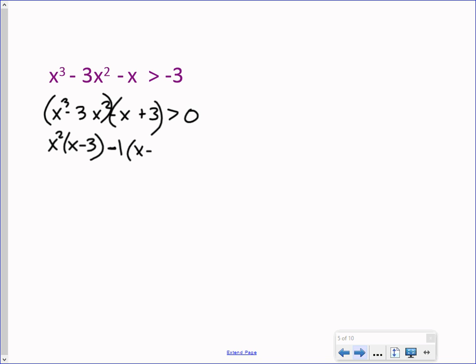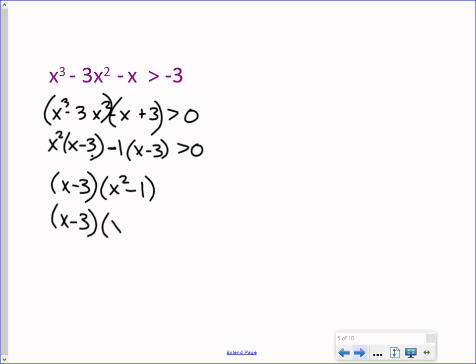And that leaves me with x minus 3. Note for future reference, if these two parentheses don't match, x minus 3, then it's not factorable. So you should stop or recheck your work. But these match, so one of my factors is x minus 3. The other factor is x squared minus 1, which can factor again, right? That's the difference of perfect squares. X minus 3 times x plus 1, x minus 1.